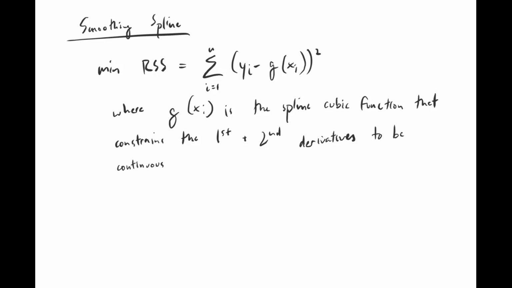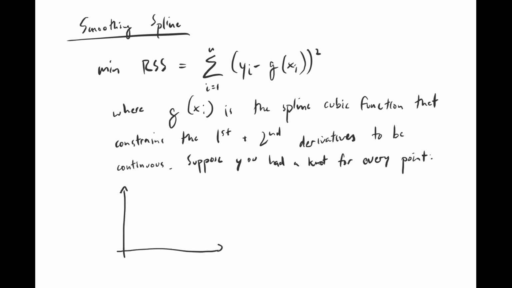Okay, so let's now consider if you had a knot for every point. So this is getting to what Trisha was talking about. What happens if we just add a knot for every point? I might see something like this, right? So kind of repeating what I had before.